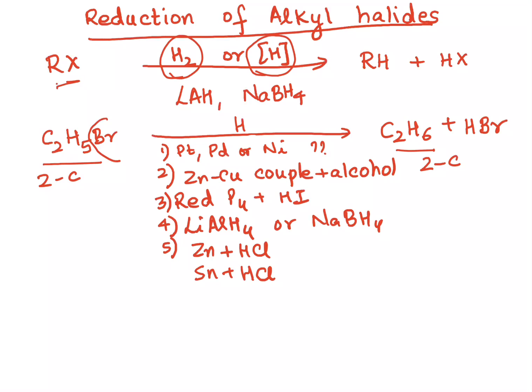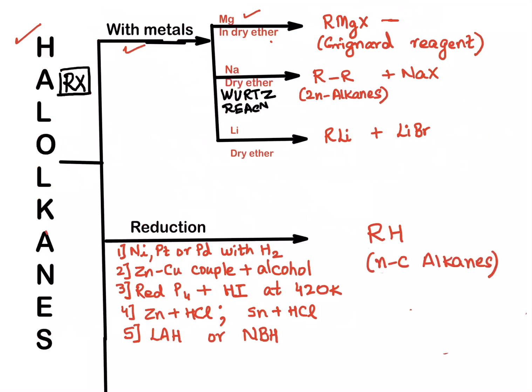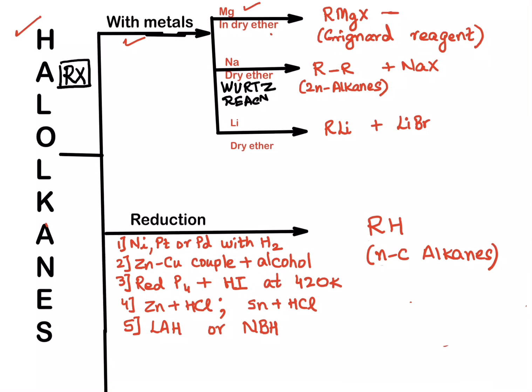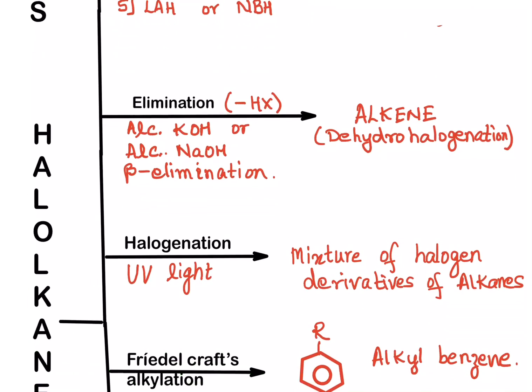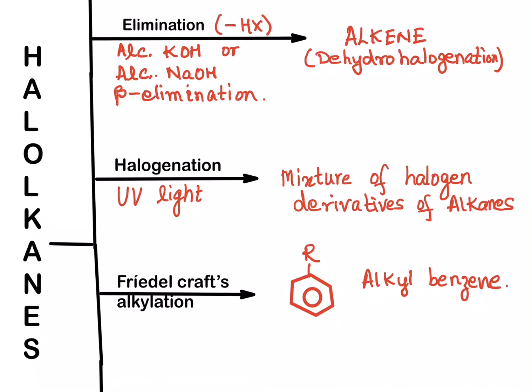So would you like to try one more reaction? CH3Br reduction. What will you get? Write each reaction 2 times at least for more confidence in the concept. Okay, now that we have covered 2 of these, let's go on to the next set of reactions.